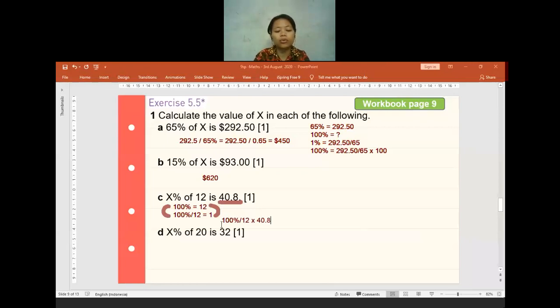You can ask your calculator to find the answer.